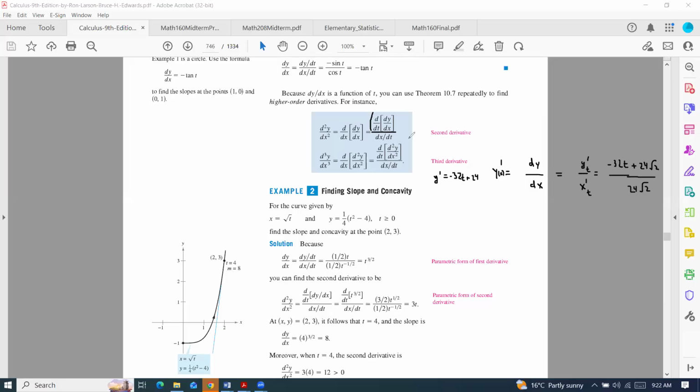by x prime, you see? So I put another x prime on the bottom. And I will take the derivative of the previous, so it's like a second derivative of that dy over dx. But I need to put in the denominator x prime with respect to t.